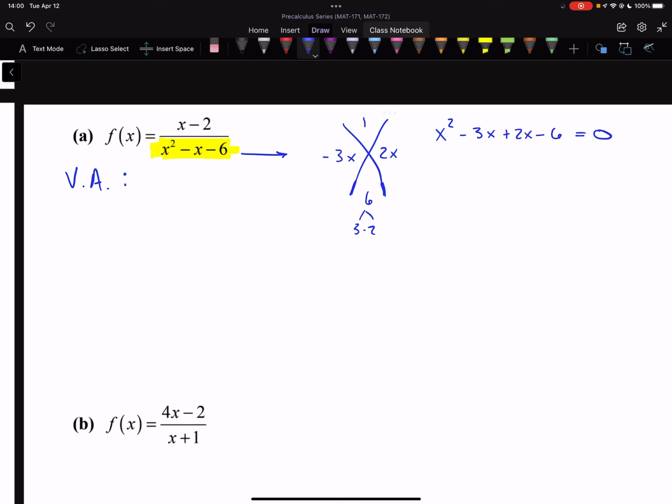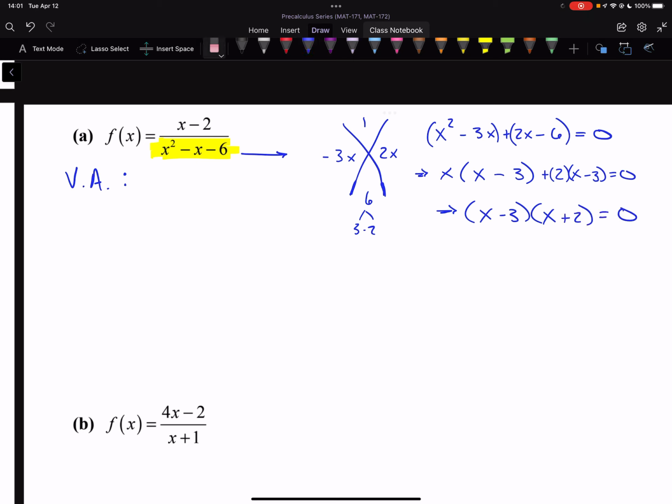Again, you want to set that equal to 0. I'm going to go ahead and group these up. Factor out an x from the first term, and then factor a 2 out from the second term, leaving x minus 3 in parentheses. Now I can factor out my x minus 3, and I'm left with 2 factors. When I apply the zero factor property, I get both of my vertical asymptotes.